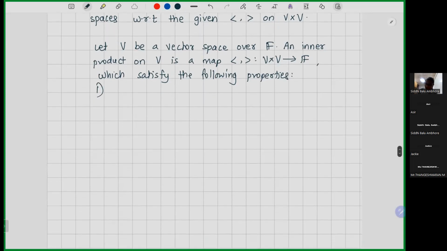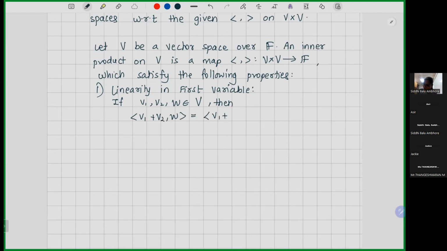First one is linearity in first variable. So when we say that, what this means, that if V1, V2 and W are in V, then V1 plus V2 comma W is equal to V1 comma W plus V2 comma W.